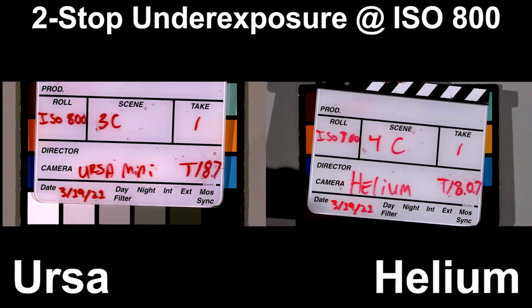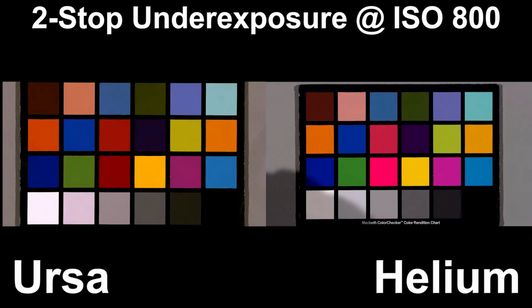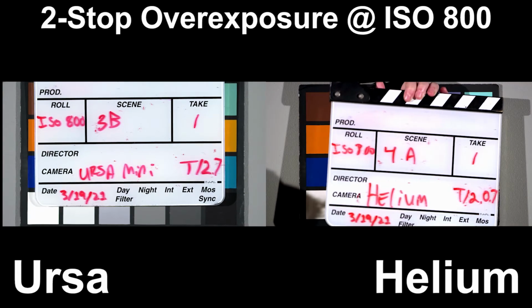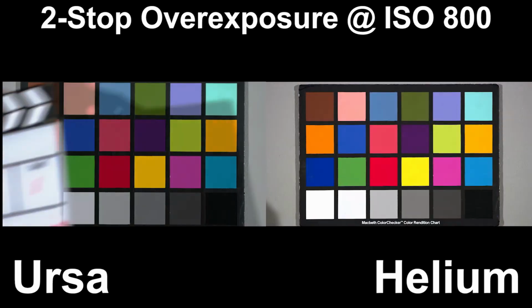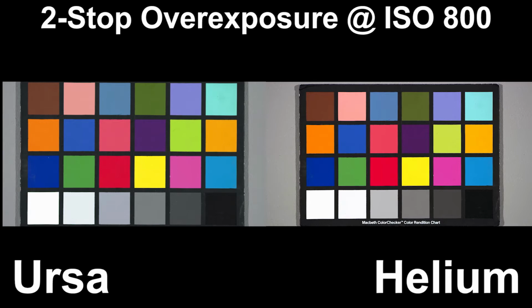Moving on to the underexposure, the results look pretty similar to the normal exposure in terms of the color reproduction in both of the cameras, except the colors are obviously darker because they were underexposed. However, if we turn to the overexposure, something interesting happens here.